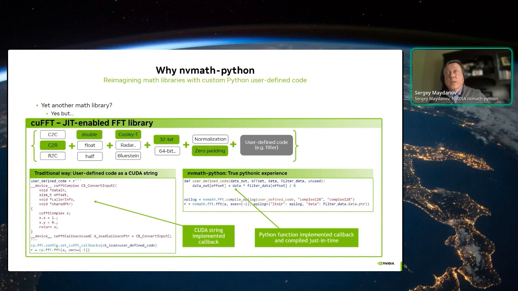So on the right-hand side, you can see that we can define a regular Python function and supply this function to the library and compile it on the fly using JIT technologies. In our case, under the hood of nvmath-python, there will be invocation of Numba, and Numba will compile this code into intermediate representation, which then will be fused together with other FFT kernels. That's really exciting technology. So technically it's a library, but not a library. It's a library and a compiler mixed together.